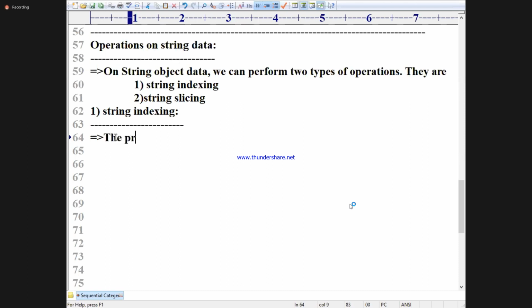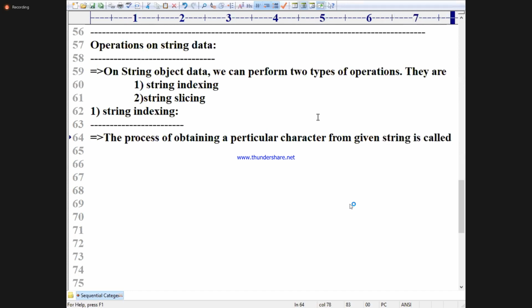The process of obtaining a particular character from a given string by passing a valid index is called string indexing. This data types note is very, very important.